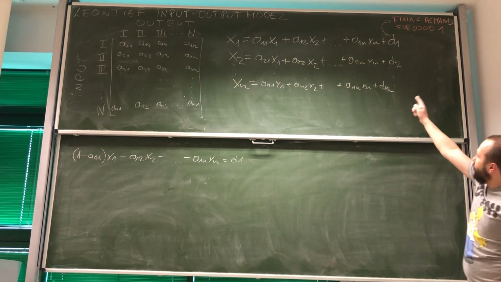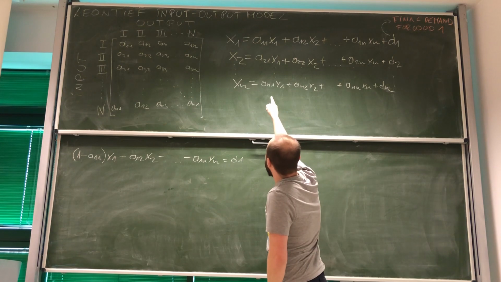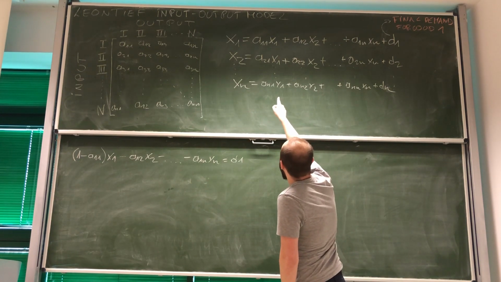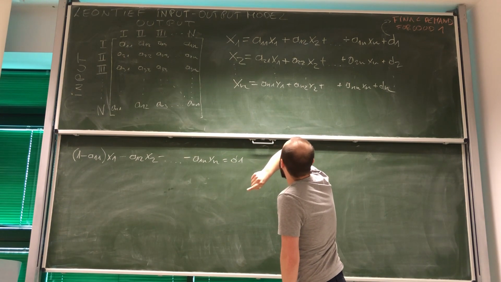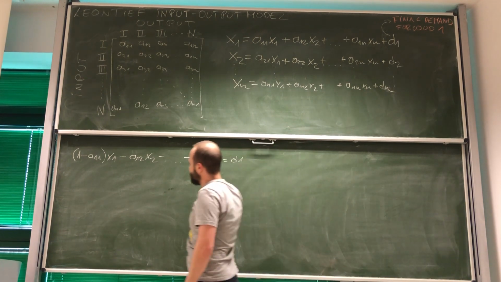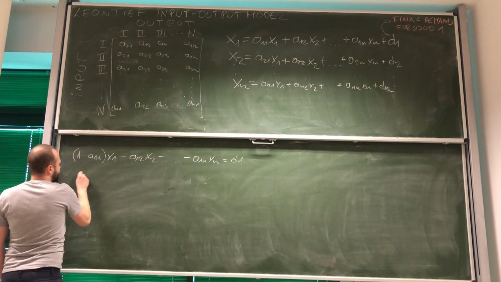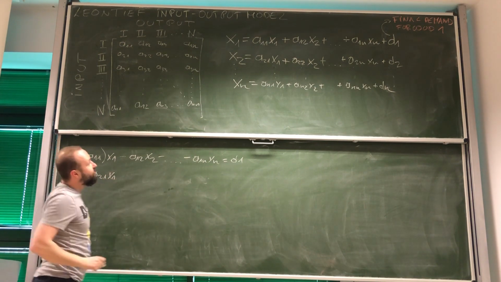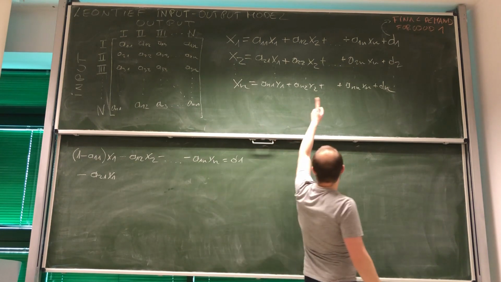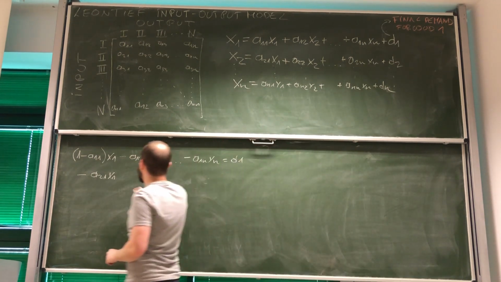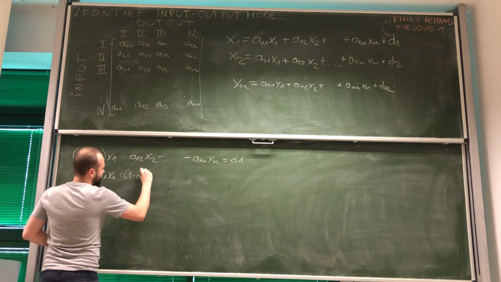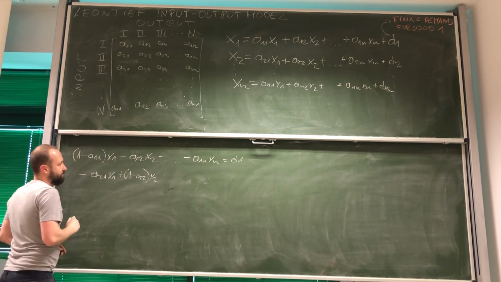Now we do exactly the same thing for the second equation. We subtract all the expressions with x's from x2. First we subtract a21 x1, so we get negative a21 x1. And then we subtract a22 x2, so we get plus 1 minus a22 times x2.